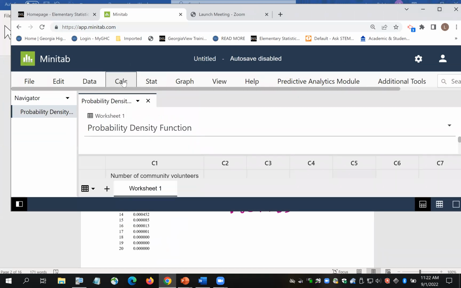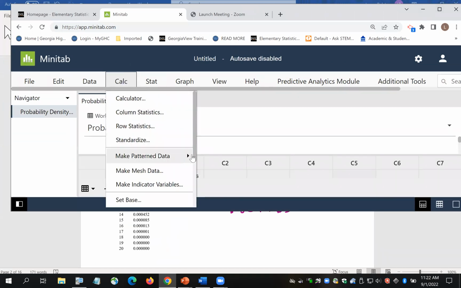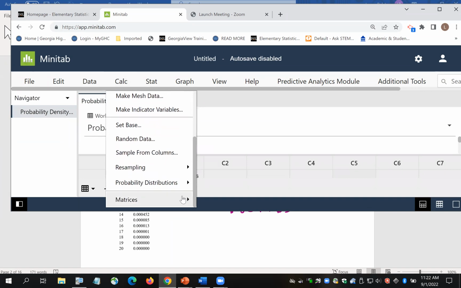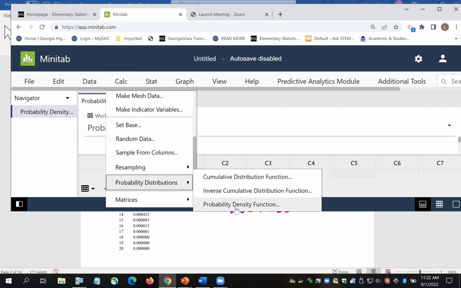Okay, so we go Calc, Probability Distributions. When I click on it, we want Probability Density Function. I'm going to click.